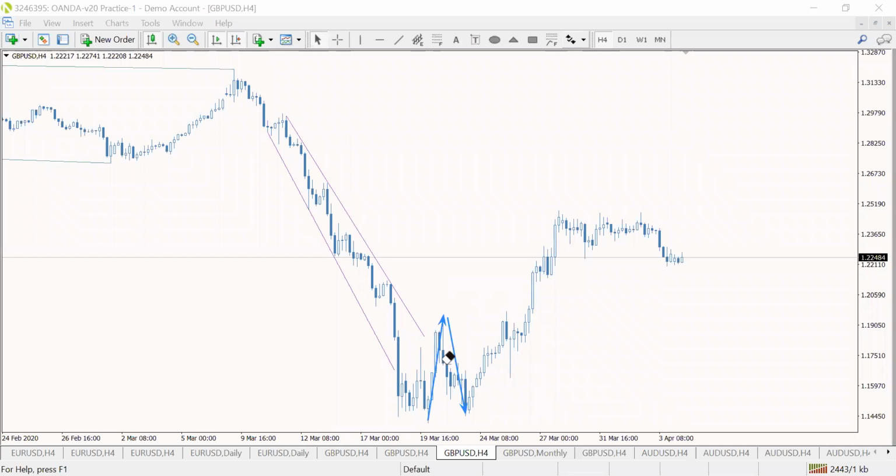As much as this move is extended, there is a possibility that we can call this move an extended move. It's the same structure as this.